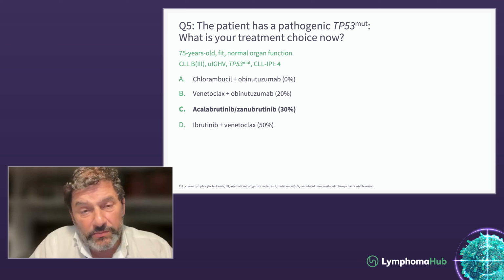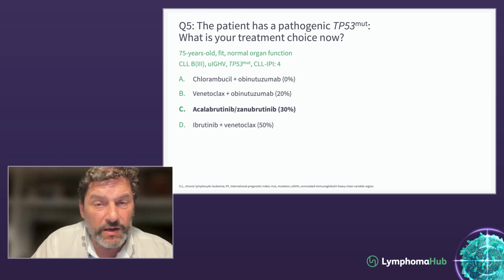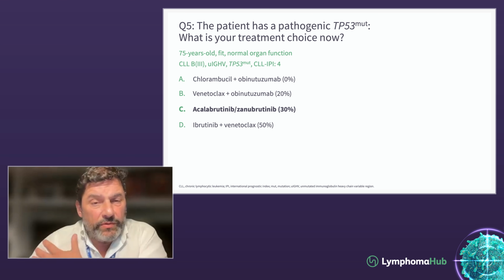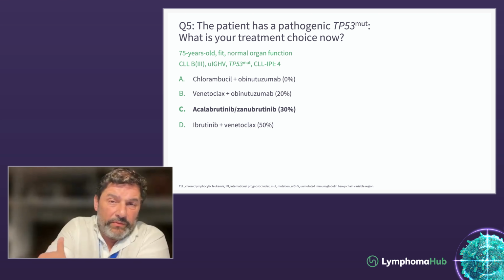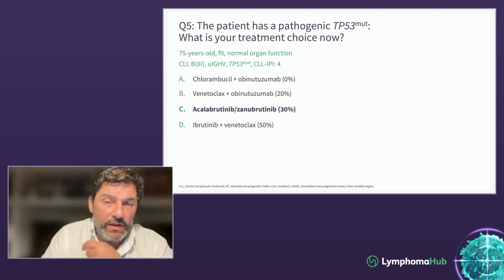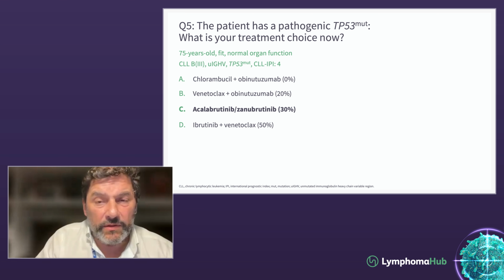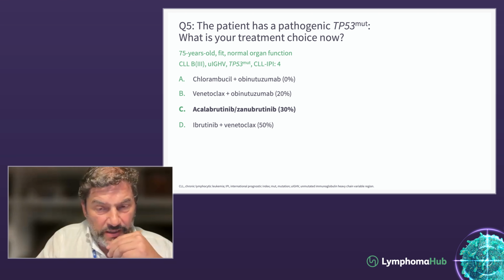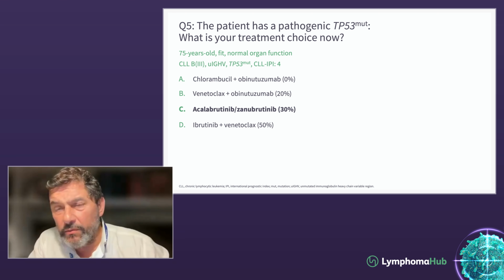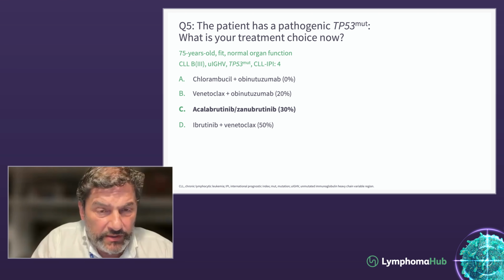And there is also the possibility to use ibrutinib venetoclax. I think the results with venetoclax or obinutuzumab in p53 aberrant patients are not excellent. So I think the two options, acalabrutinib continuous or ibrutinib venetoclax, would be the preferred choice. Okay, so I think we can move to the next slide.